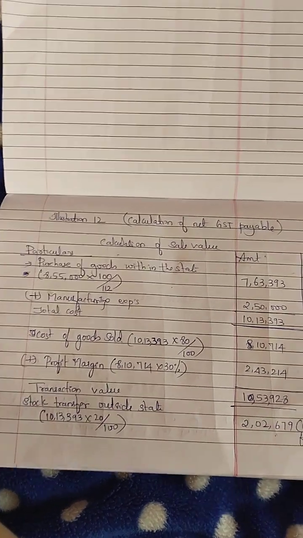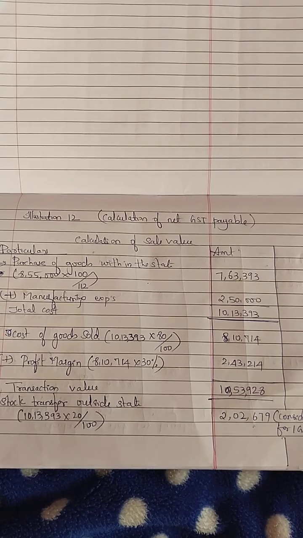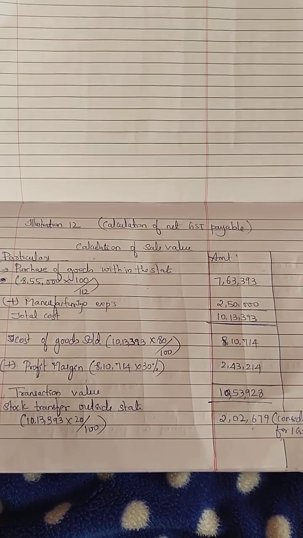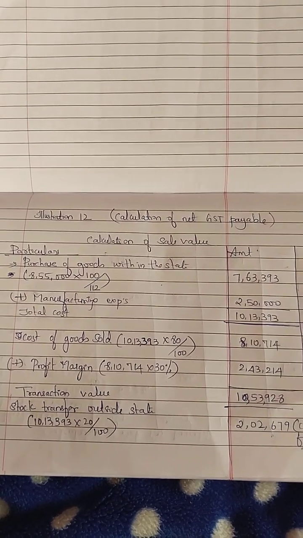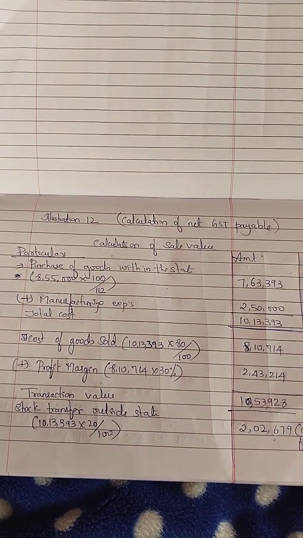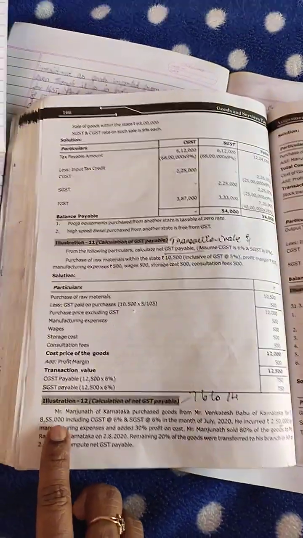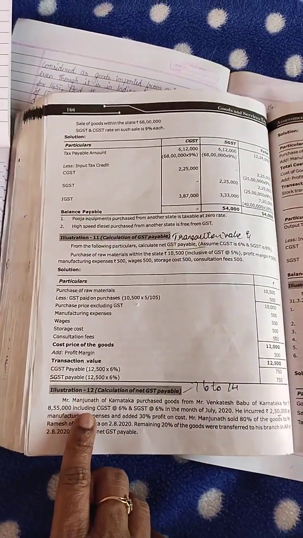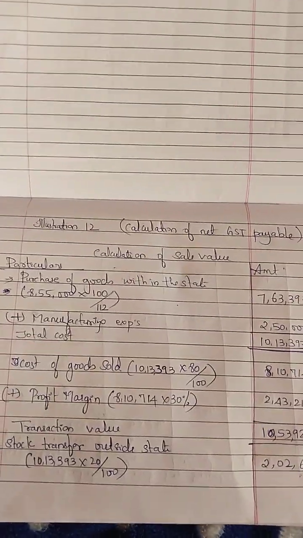The first one we are going to see here is, as usual, you have particulars and amount columns in the transaction value calculation. Under that, the first thing we take into consideration is purchase of goods within the state. Purchase of goods within the state is given to you as 8,55,000, but it is inclusive of 6% CGST and 6% SGST, so you have to reduce to such an extent.